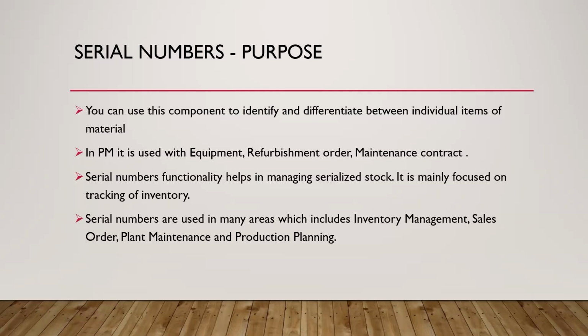So the model number is same. Of course, each of them will have a different equipment number. You can create a different equipment number for each of them. But on the nameplate of the fridge, you will have a serial number. That is manufacturer serial number.